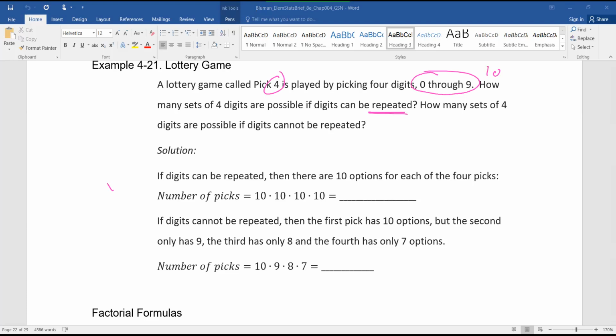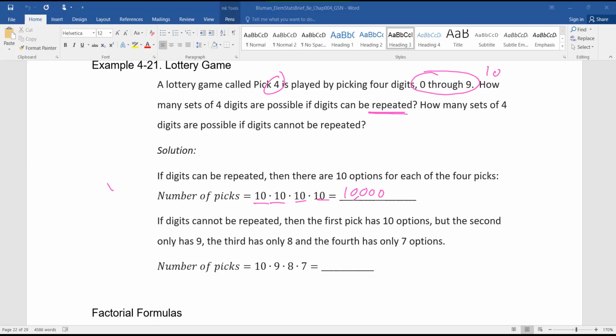So I have 10 options the first time, 10 the second time, 10 the third time, and 10 the fourth time. If it can be repeated, the number of options doesn't change. So I multiply by however many picks I'm doing, and I'm picking 4 times. What is 10 times 10 times 10 times 10? Yep, just add all the zeros. So there are 10,000 options you could choose to win the lottery for Pick 4, right? So you have a 1 out of 10,000 chance.